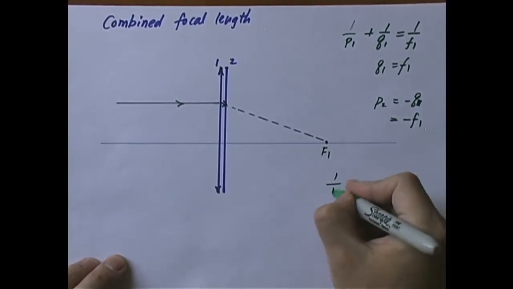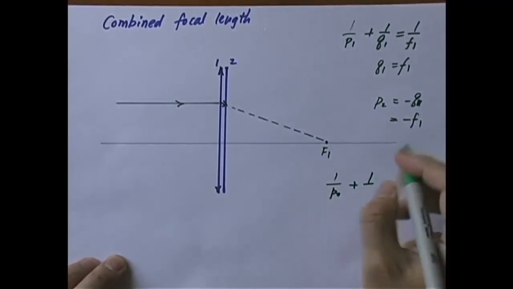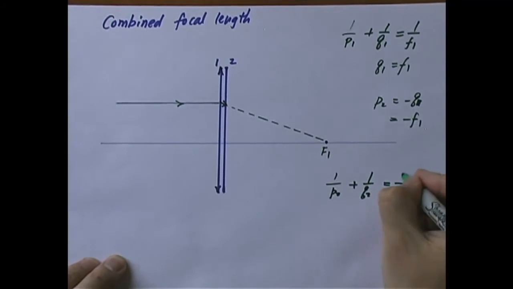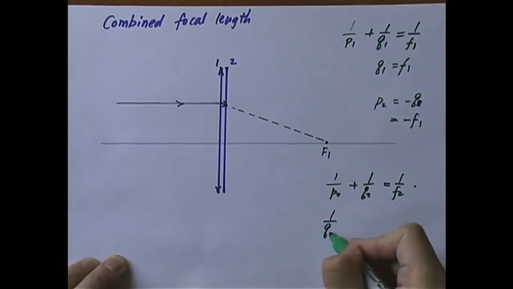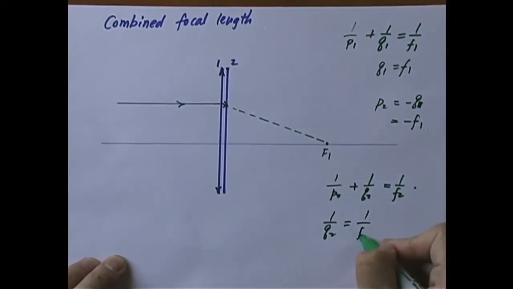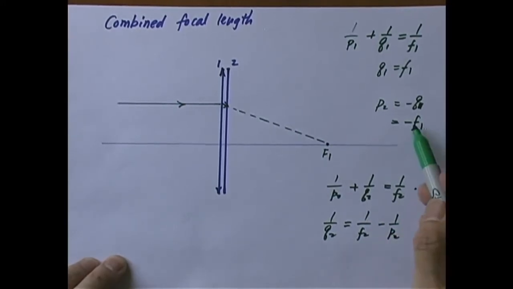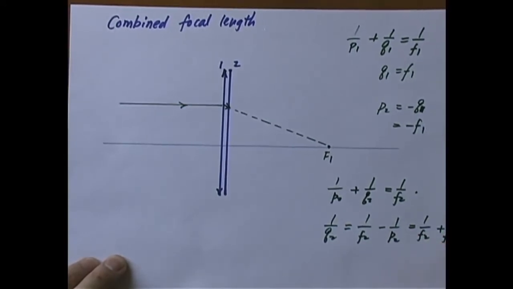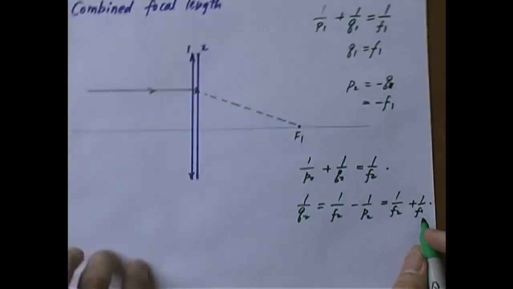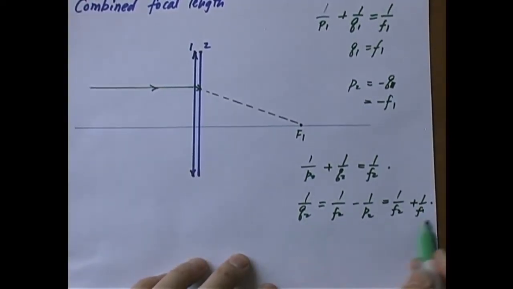So I have 1 over P2 plus 1 over Q2 equals 1 over F2. What's P2? P2 is negative F1. I'm looking for Q2. So 1 over Q2 equals 1 over F2 minus 1 over P2, but P2 is negative F1, so this really is just 1 over F2 plus 1 over F1, and therefore Q2, I can find that out.